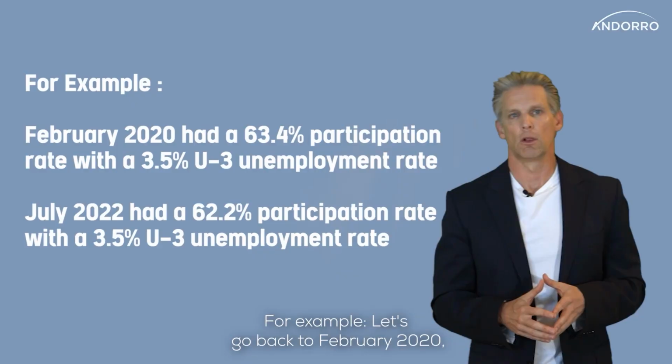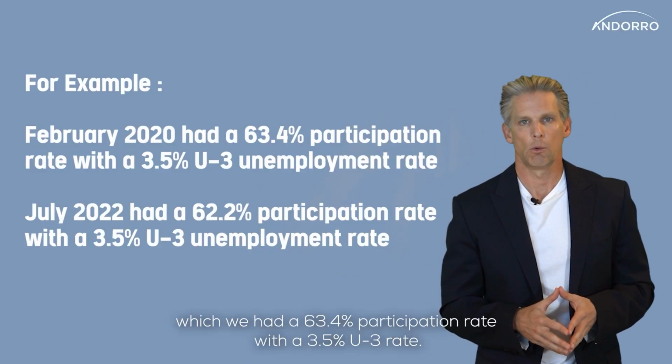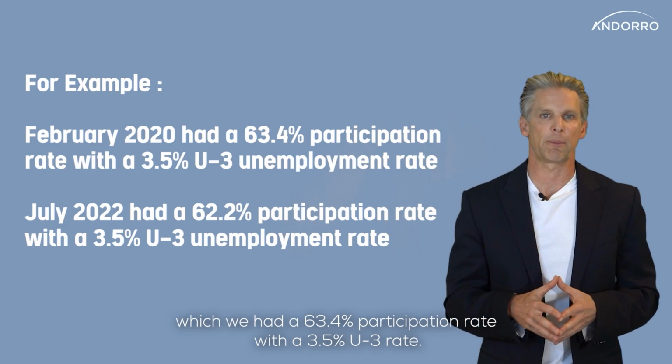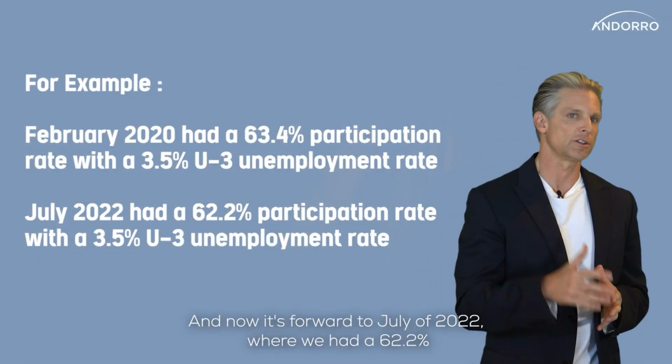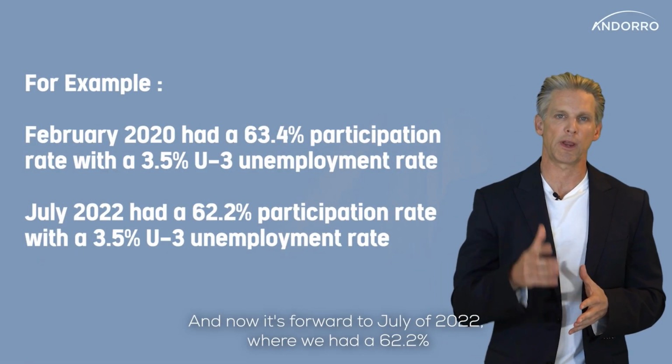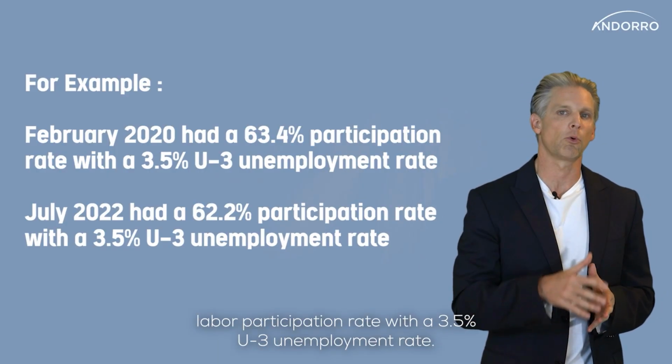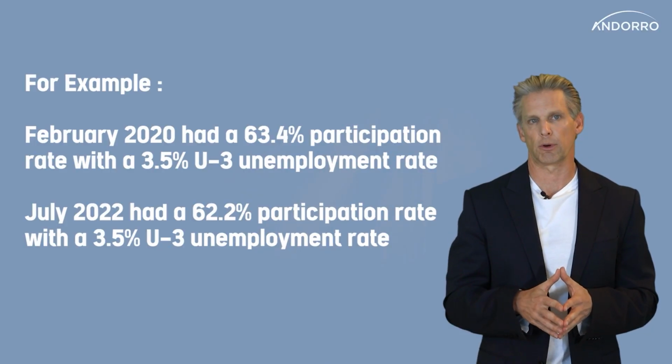For example, let's go back to February 2020, which we had a 63.4% participation rate with a 3.5% U3 rate. And now let's forward to July of 2022, where we had a 62.2% labor participation rate with a 3.5% U3 unemployment rate.